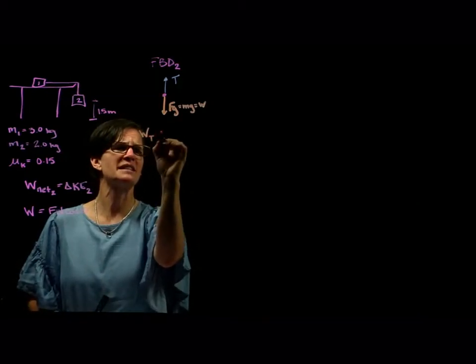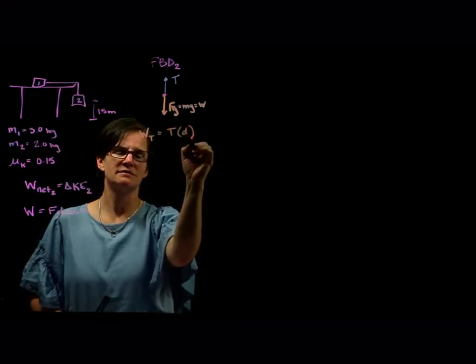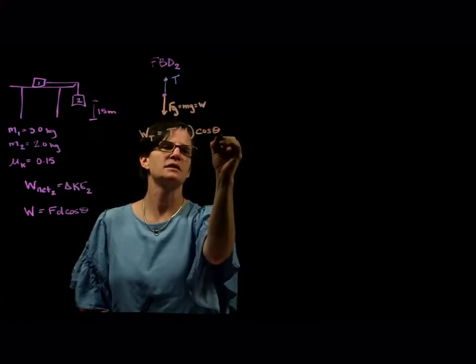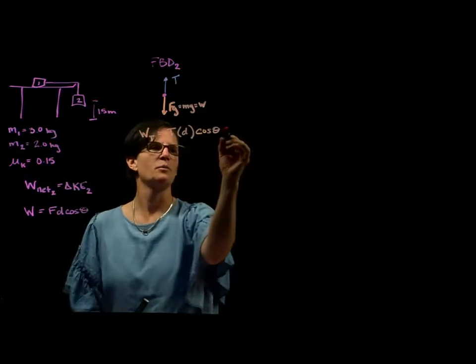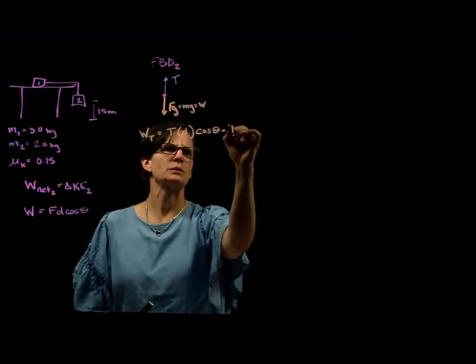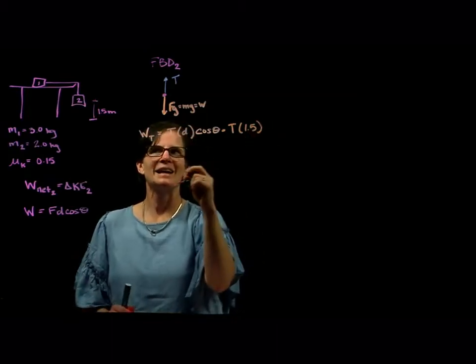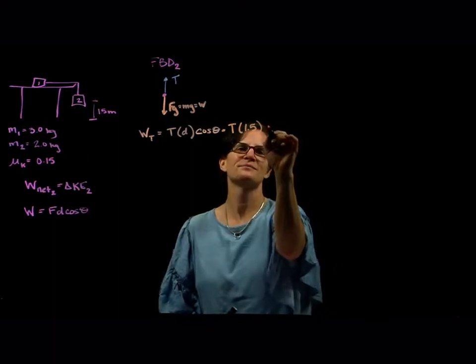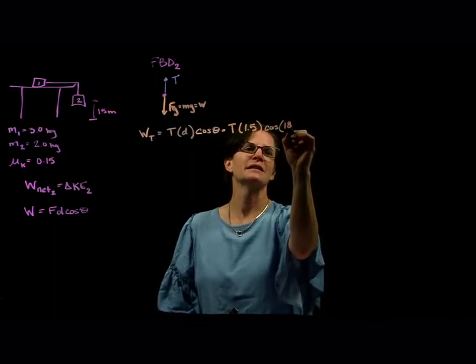So the work done by the tension is the tension times the distance that the block travels in the direction that the force is acting. We end up with T, which we don't know, times the distance, 1.5 meters, times the cosine of 180 degrees.